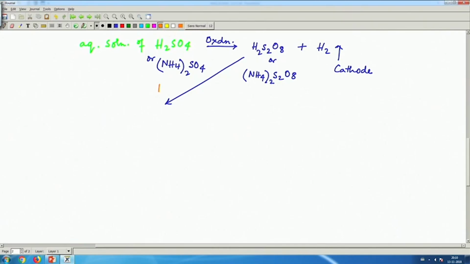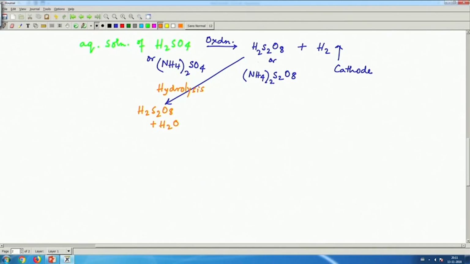So, if we then go for hydrolysis of this, it will give you the corresponding H2S2O8. As we have seen, hydrolysis means we have to trap water, the lysis means the breaking down.